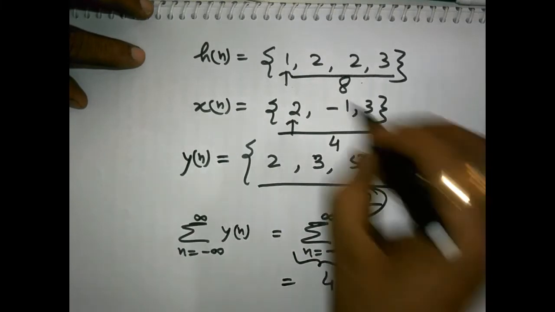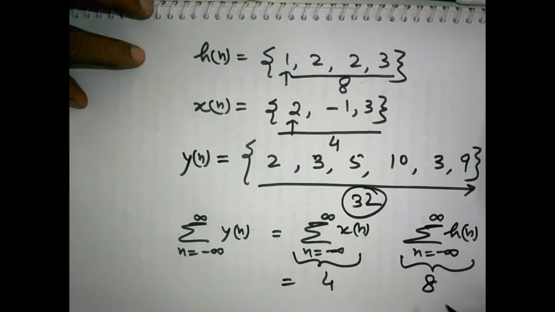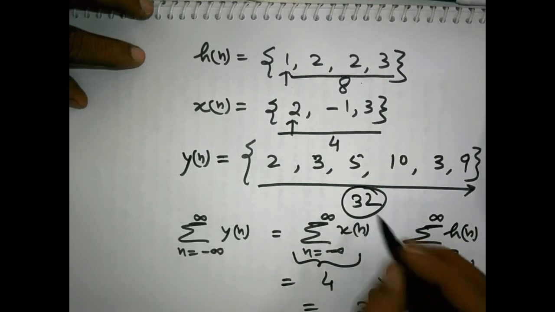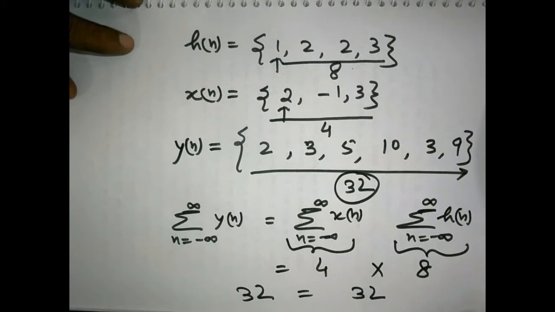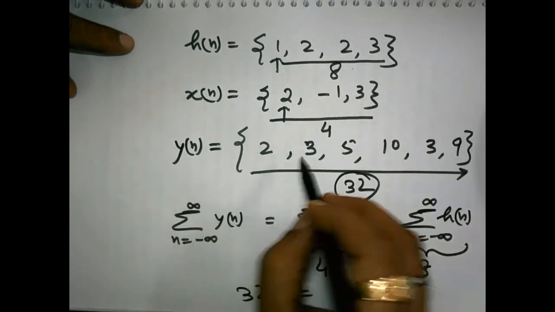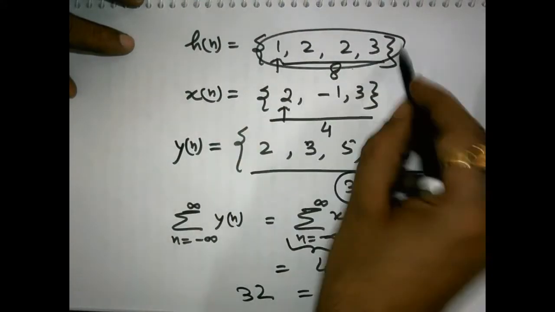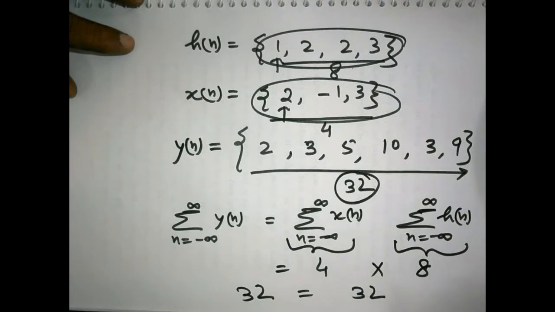What is the summed up value of h[n]? It is 8. If you multiply these two, it is 32. And what is this output? It is 32. This is the property of the signals in y[n], h[n] and x[n].